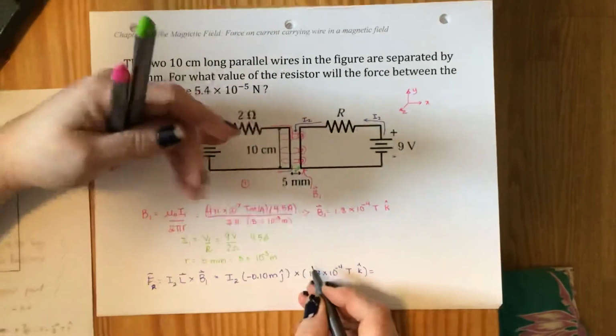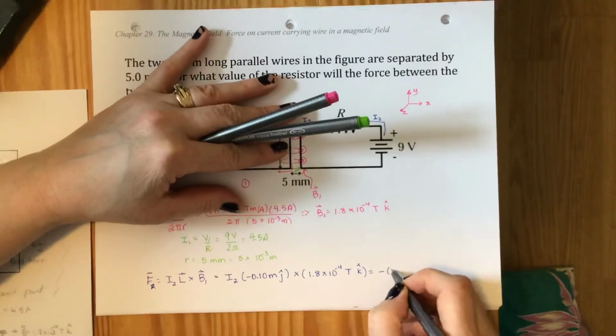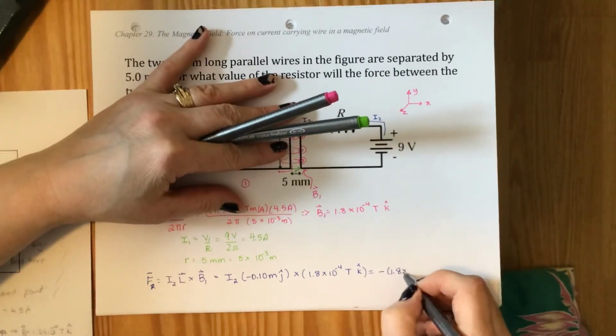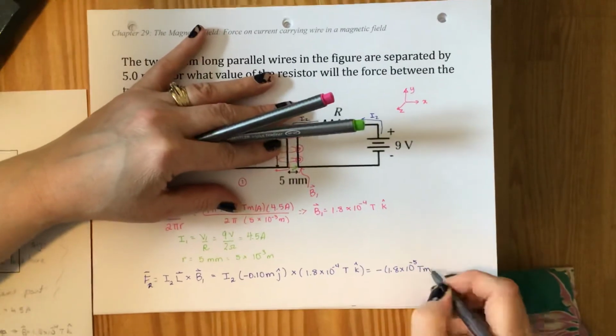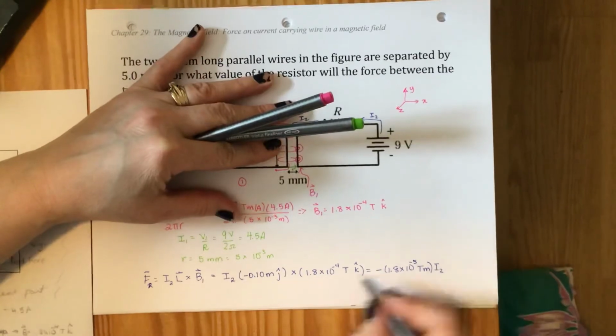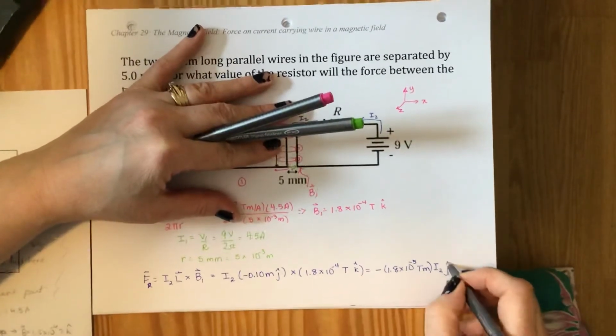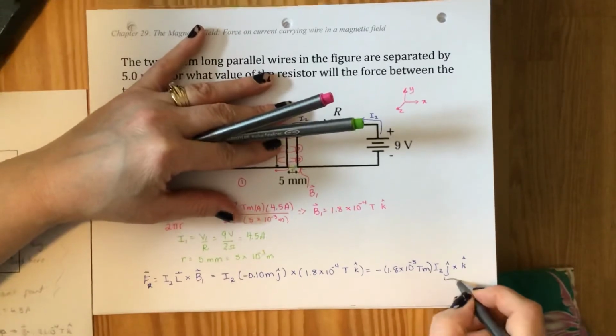We multiply all our constants out front. We get minus 1.8 times 10 to the minus 5. Those units are Teslas times meters, times I2, because we don't know I2, j cross k, and j cross k is equal to i.